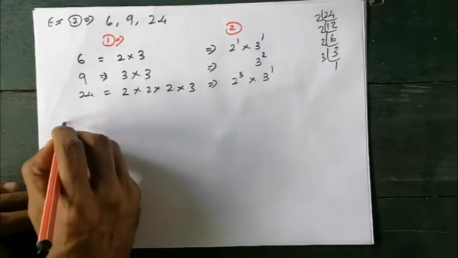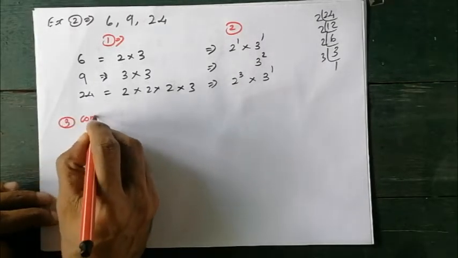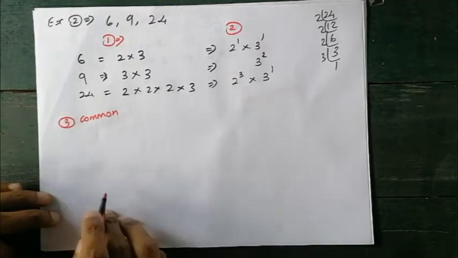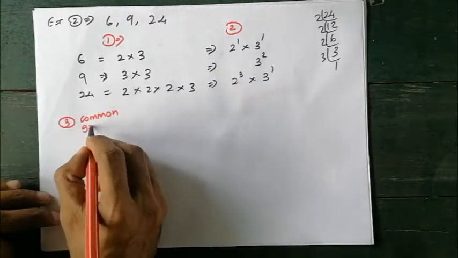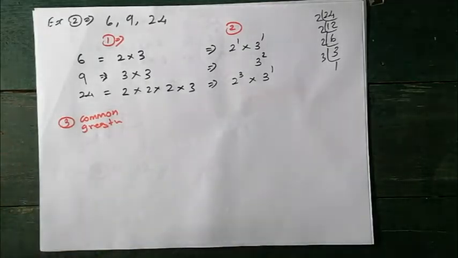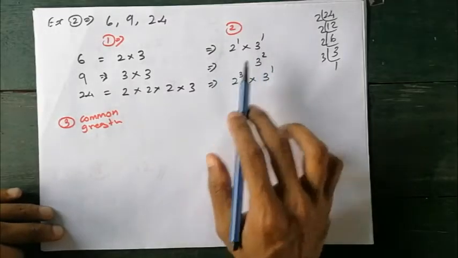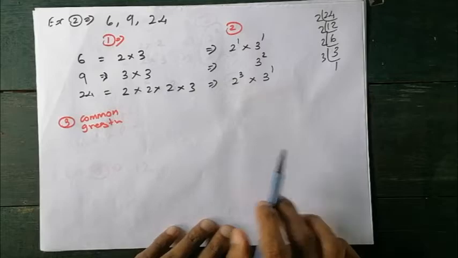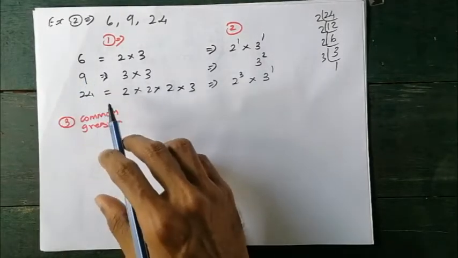We are going to check the common factor with greatest power. If you check the factors, we have 2 and 3 as the factors. We have given 3 values.